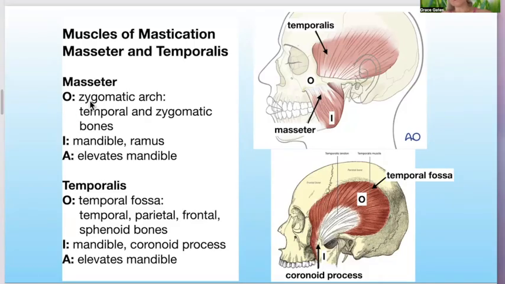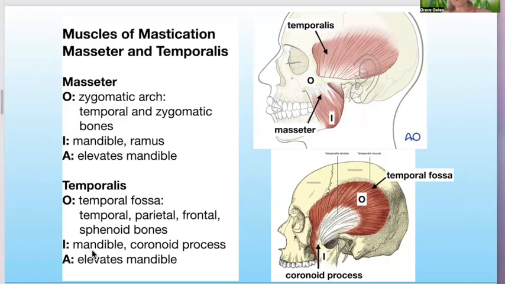The masseter originates on the zygomatic arch. It inserts on the mandible, and the action is to elevate the mandible. The temporalis originates in an area on the side of the skull called the temporal fossa. It's an area that includes the surface of more than one bone. It's a wide spread attachment, so the area can be thought of as the whole side of the skull.